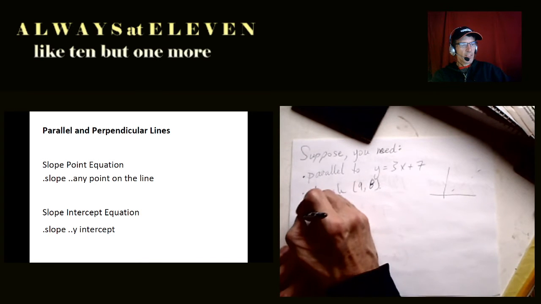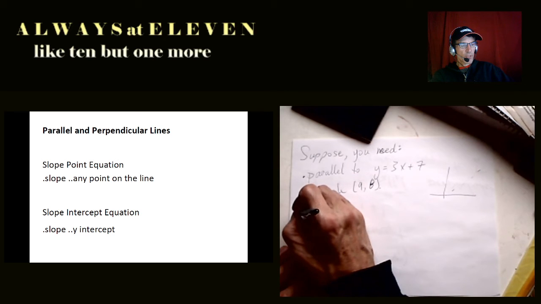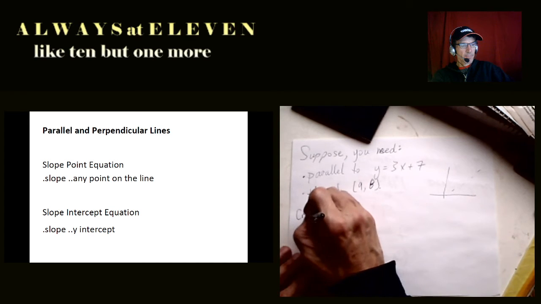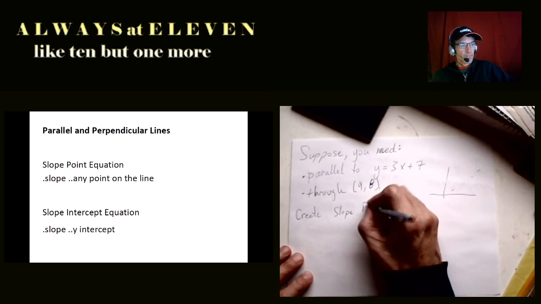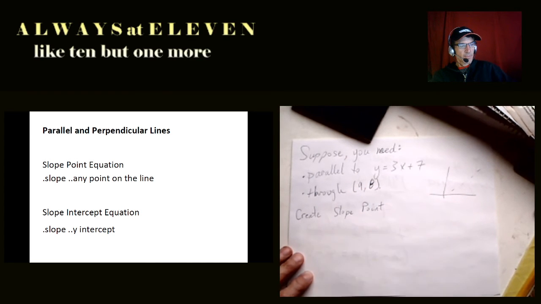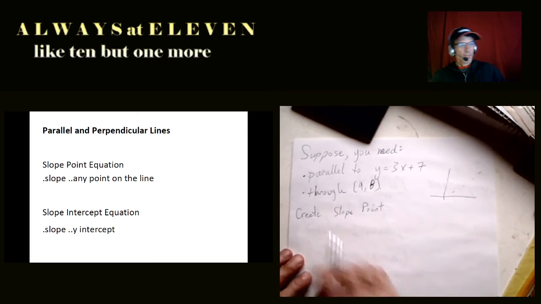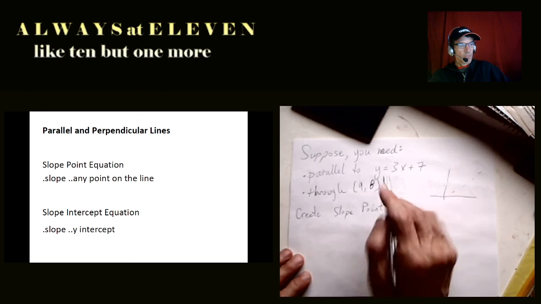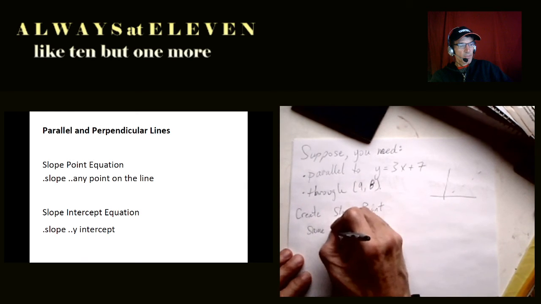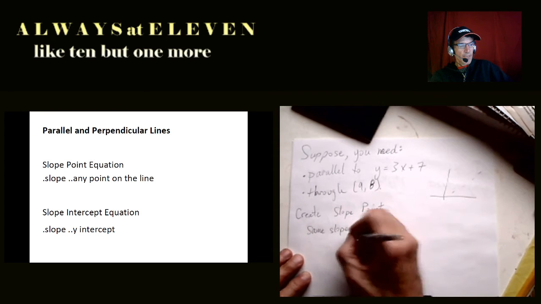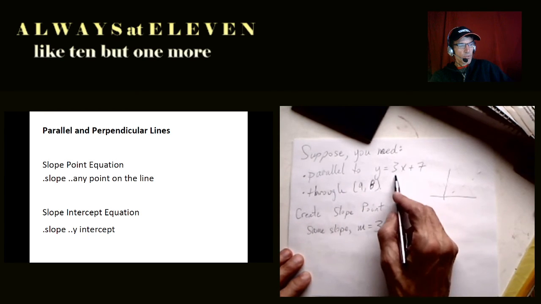So the easy answer, the nice one if they ask for it, is to first create the slope-point form. Now, as we said earlier, if the lines are parallel, the slope is the same. So the same slope means that you're going to have m is equal to 3.